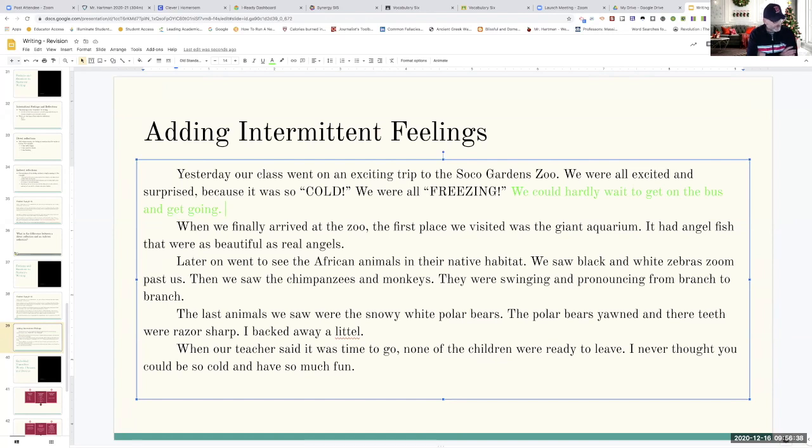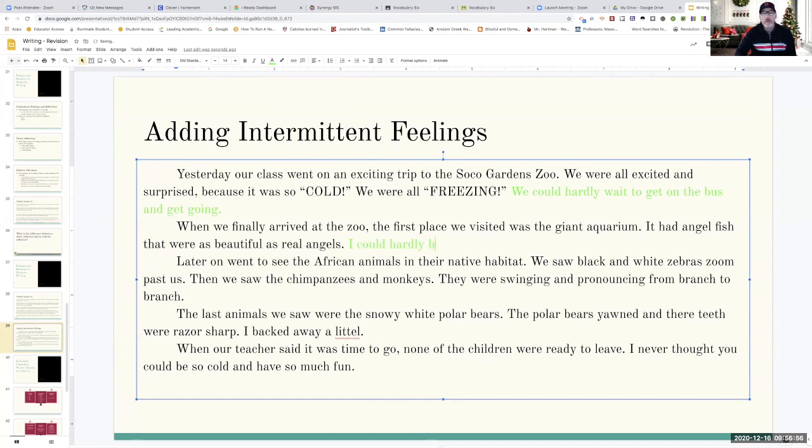When we finally arrived at the zoo, the first place we visited was the giant aquarium. It had angelfish that were as beautiful as real angels. Now I'm going to add another thought or feeling here.